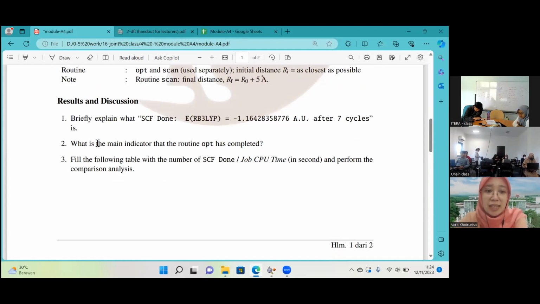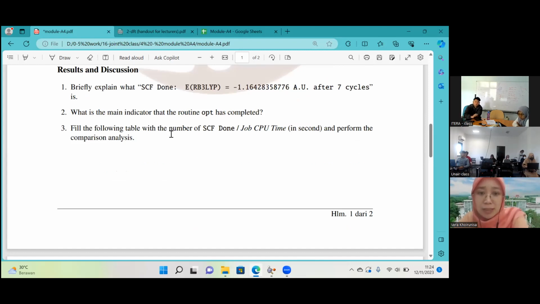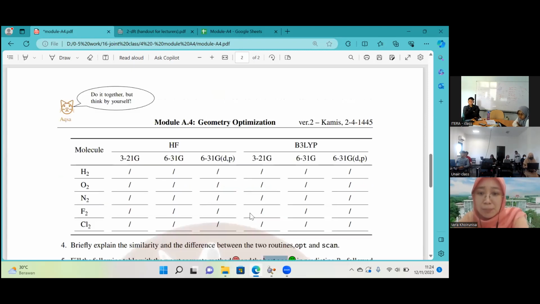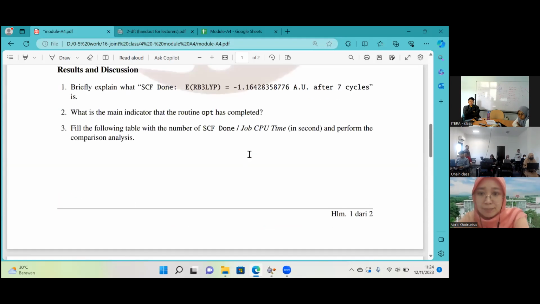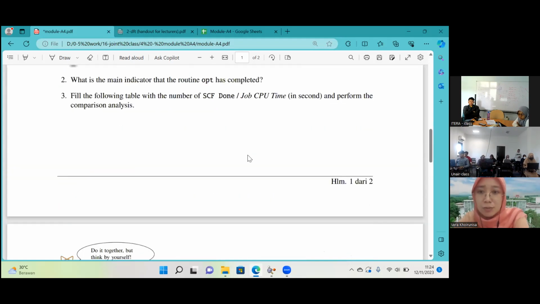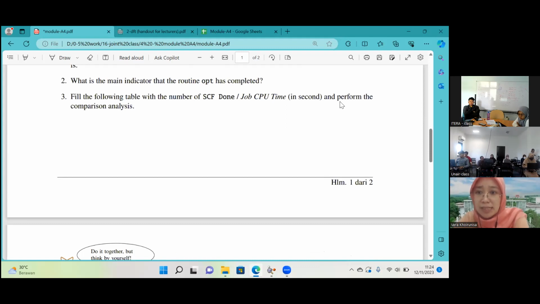And then the second one will be the list. What is the main indicator? And then the third one will be the table. And also the analysis. So the third is table and with your analysis.